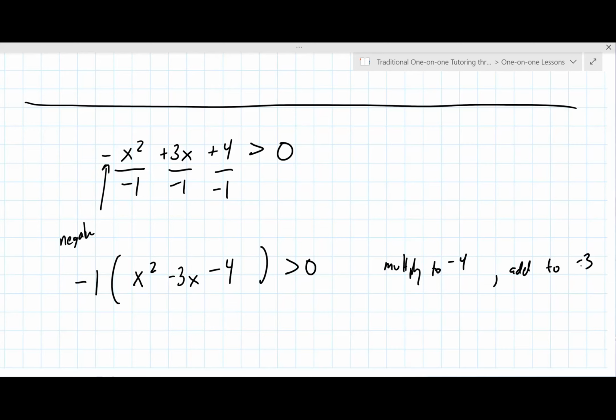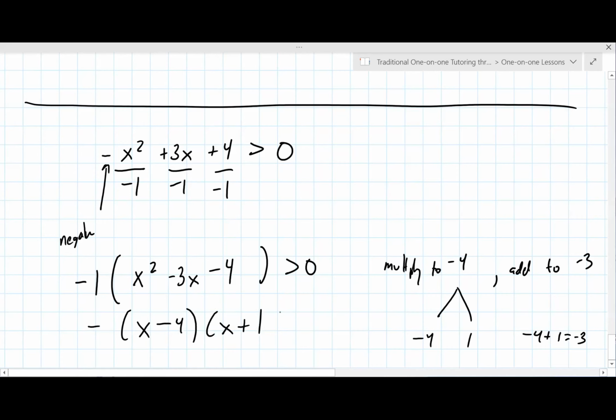All right, Sourish, how are you doing on that? I'm doing good. All right. -4 and 1. I agree. Those add to -3, so it's x minus 4, x plus 1.